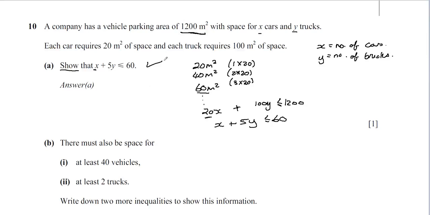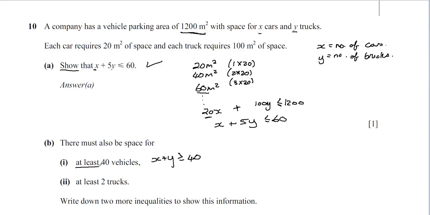So if you add the cars and the trucks together, that gives us the number of vehicles in the space. X plus Y, the total number of vehicles, must be greater than or equal to 40.